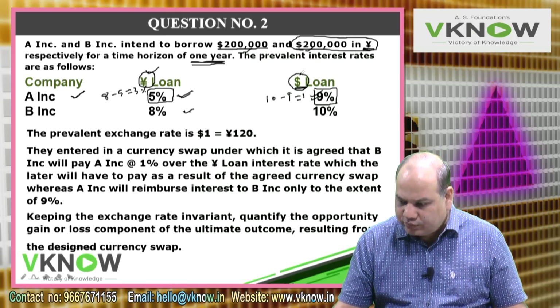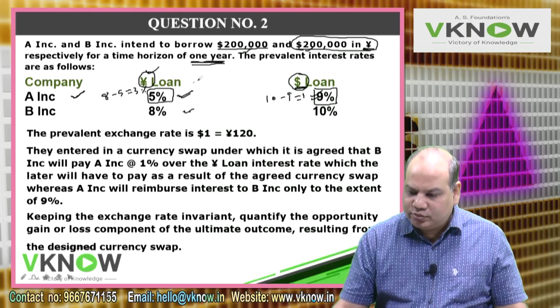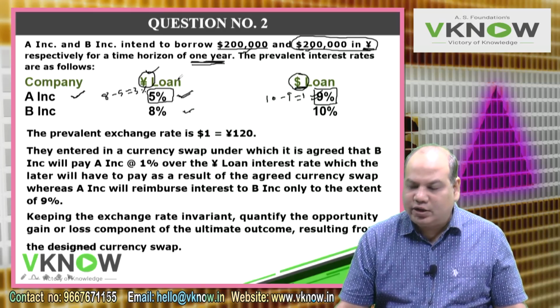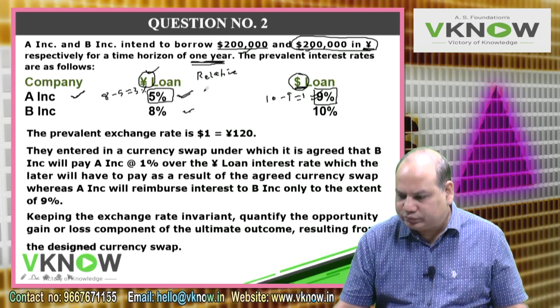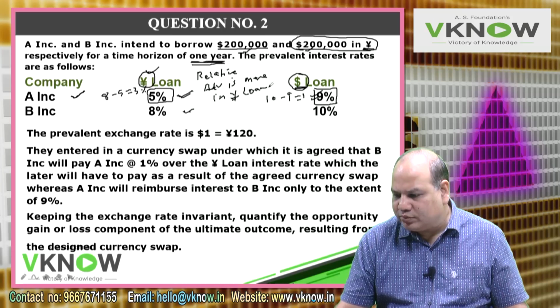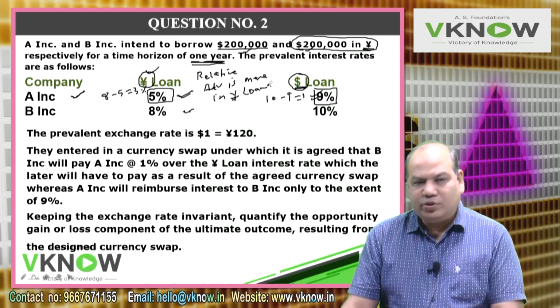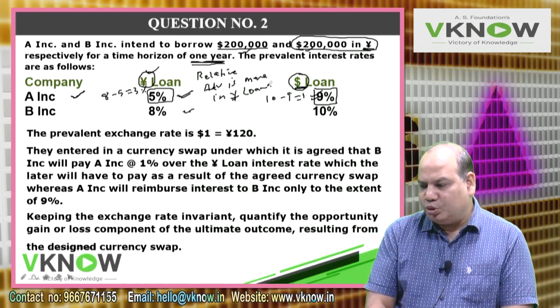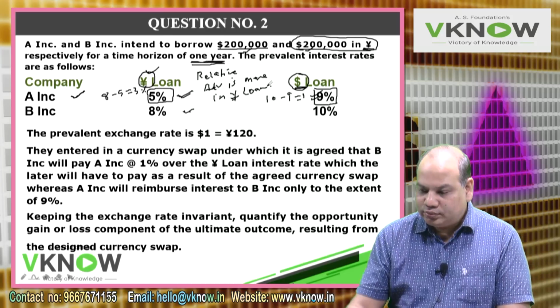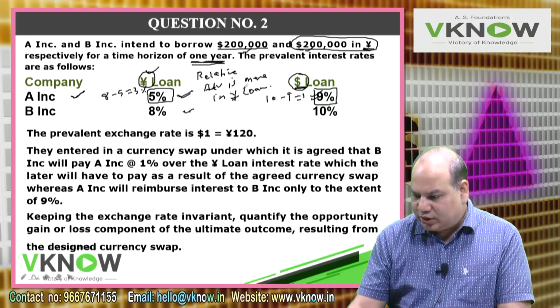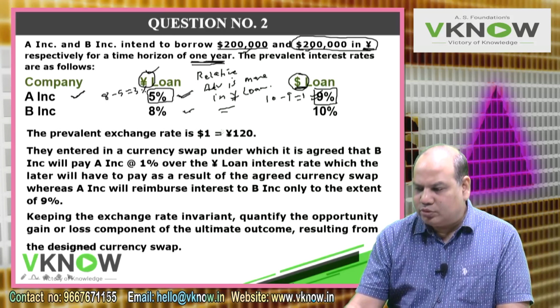In dollar loan, it has 1% advantage. The relative advantage is more in yen loan. That means it has got advantage in both, but the advantage is more in the case of yen loan. So that will be the reason for the note given below.